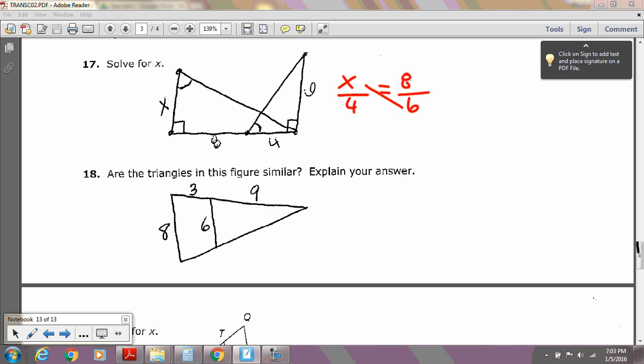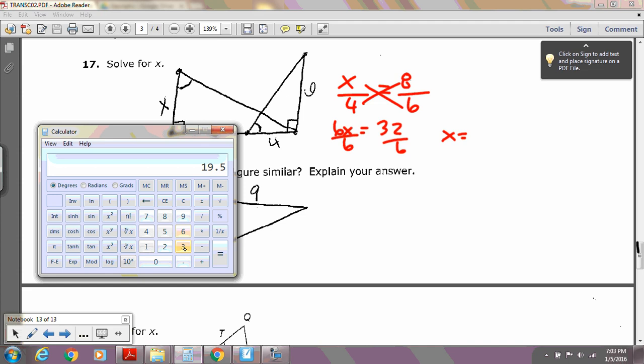So now we'll cross multiply and get 6x is equal to 32 and divide both sides by 6 and x is equal to a decimal, 5.33 repeating.